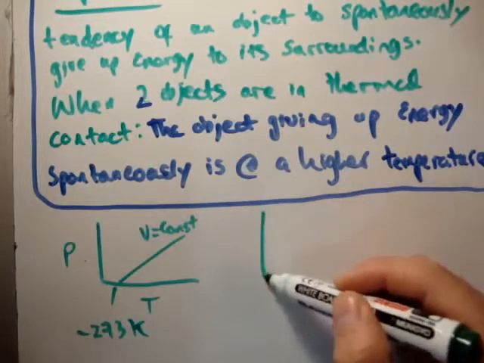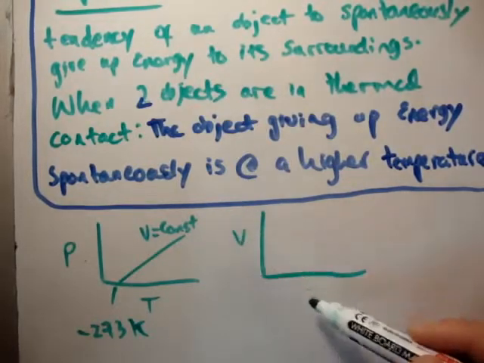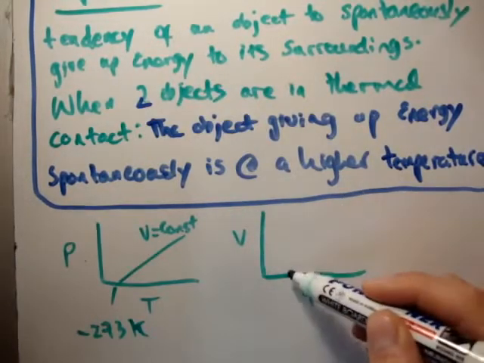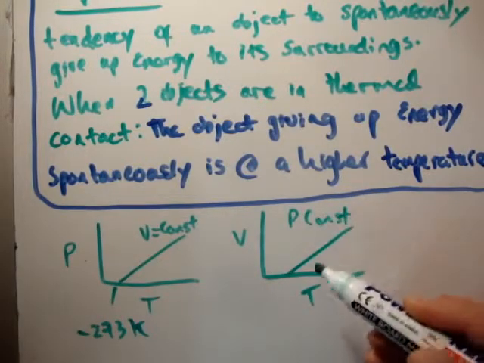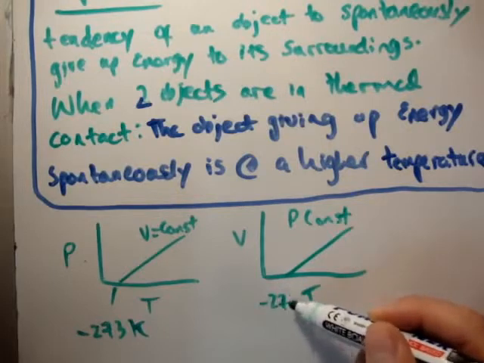And if we look at it on a VT diagram, where P is constant, it also goes to 0 at minus 273.